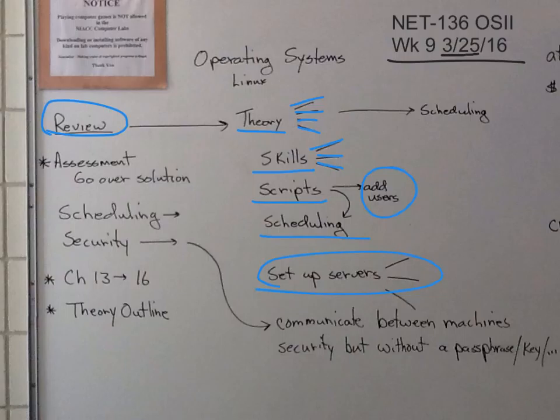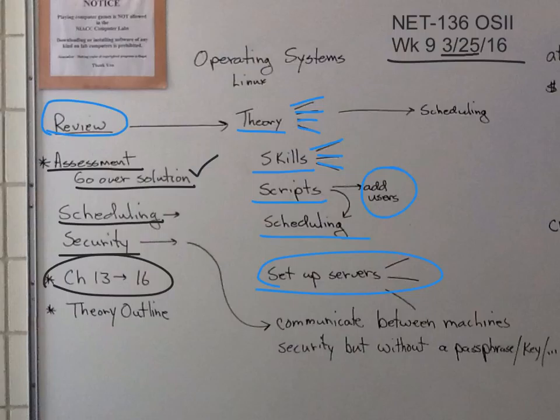Other things we talked about after the review, we talked about assessment. There's a solution. You need to look through that in terms of looking at how you did on the last assessment. We moved into scheduling on the 25th. There will be some security things that will be tied in with the scheduling. We're working on chapters 13 through 16.